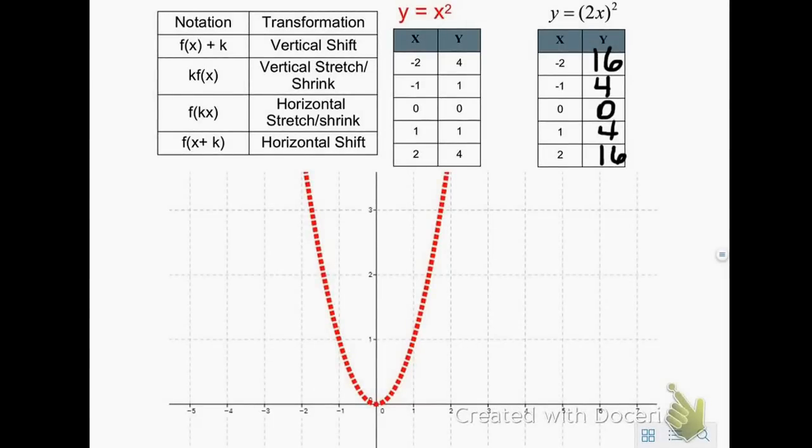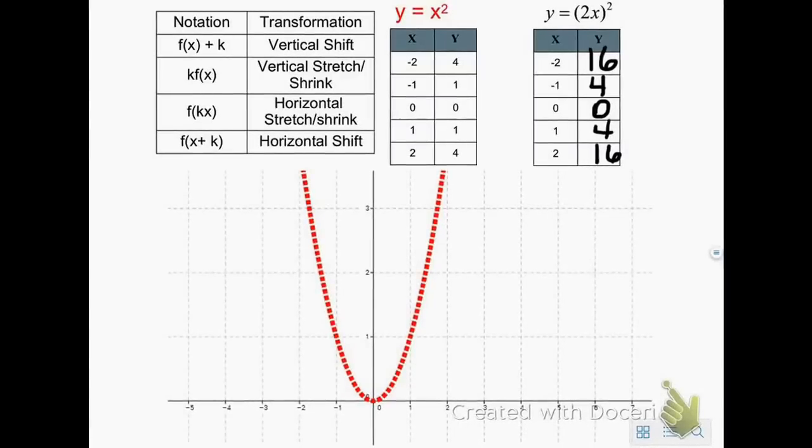Next type of example, I want to compare the function y equals parentheses 2x parentheses squared. Notice this time my constant 2 is inside the parentheses. So it would have to be an example of the third type of transformation, a horizontal stretch or shrink. I've placed my table values in here. Many of them are not graphable.